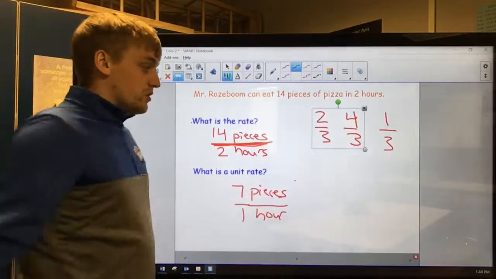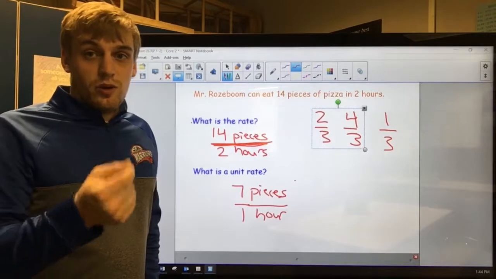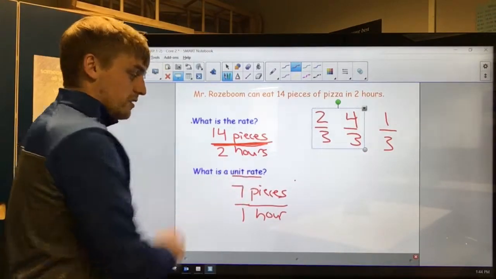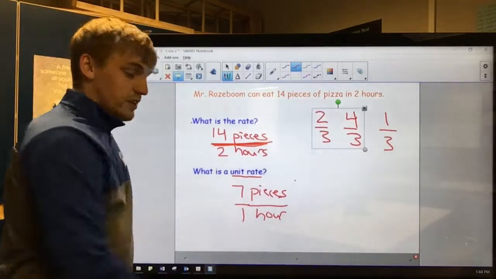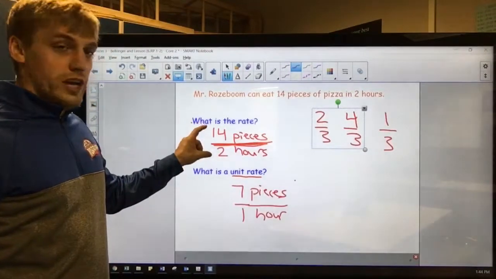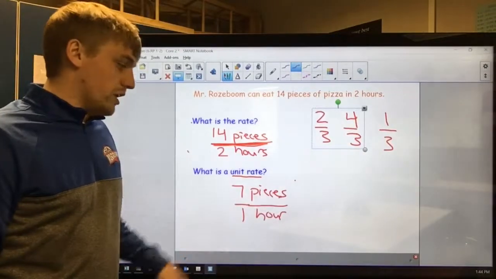The reason it was called a unit fraction is because of that 1 in the numerator. Well, in this case our unit rate is a unit rate because there's a 1 in the denominator. How did we get the 1? We took the original rate and divided it. 14 divided by 2 gave us 7 pieces per 1 hour.